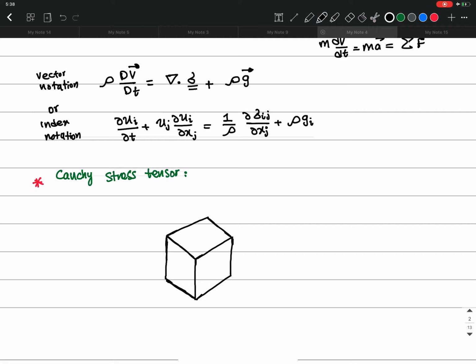Okay, so this fluid particle, and then we have 3 axes here.